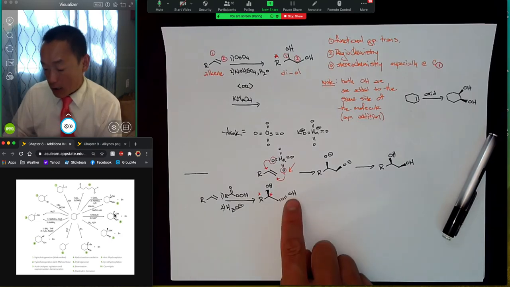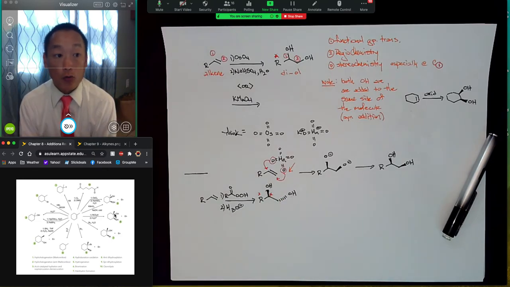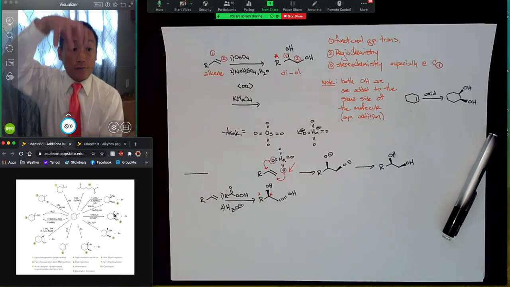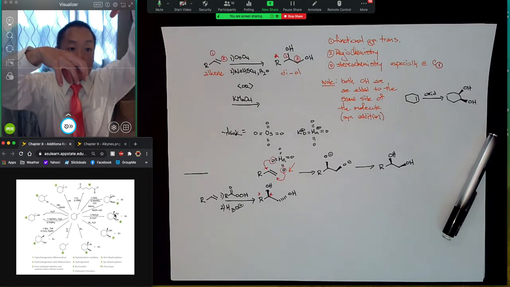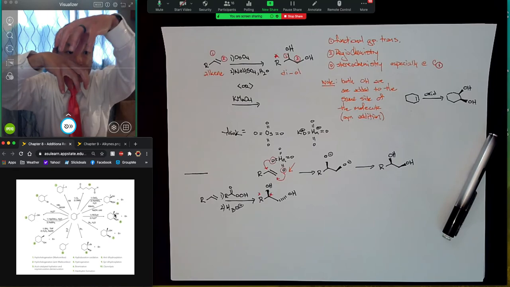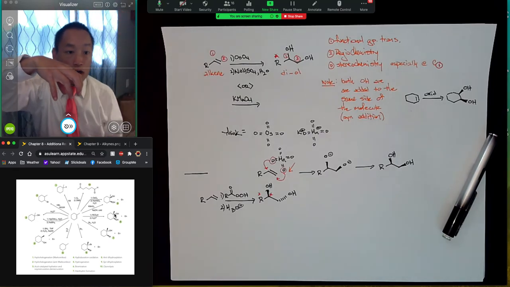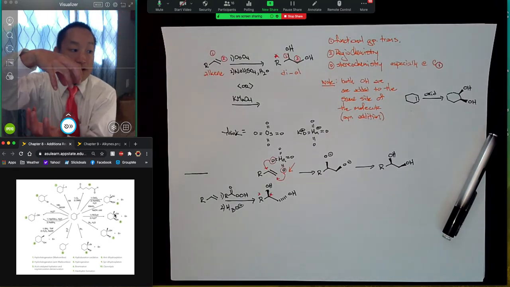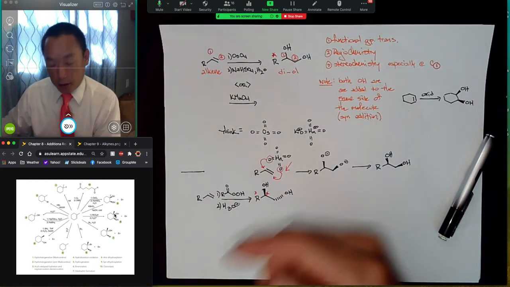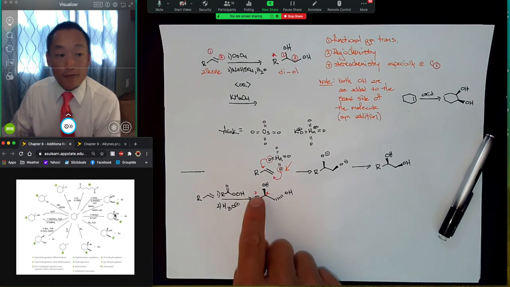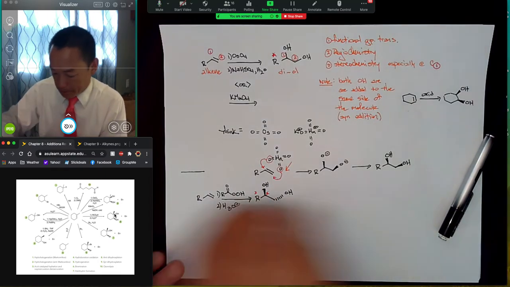It appears this was added in a manner where one oxygen was added first, and once it's added, it imposes a steric restraint that doesn't allow the second OH to add to the same side. It's going to need to come in from an opposite angle in order for that reaction to take place. And so when we look at this, anti-addition here.